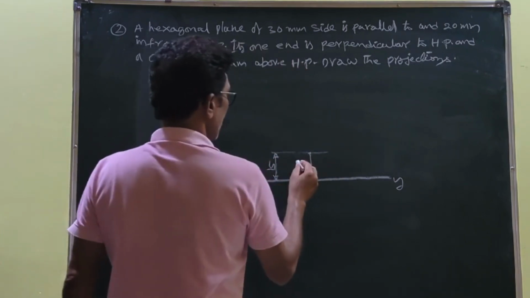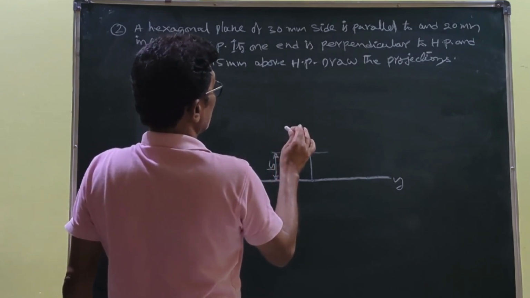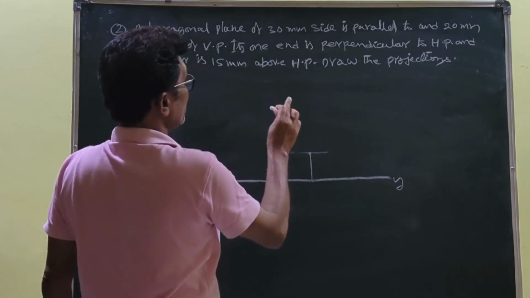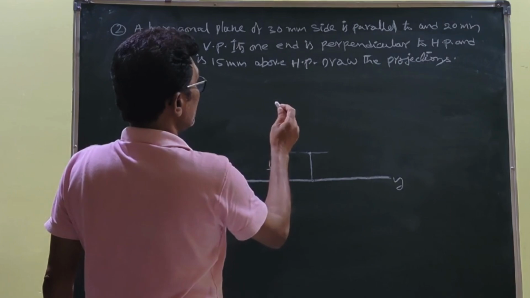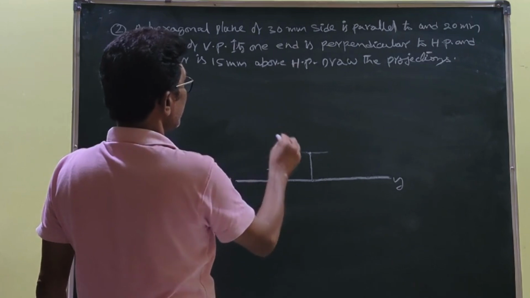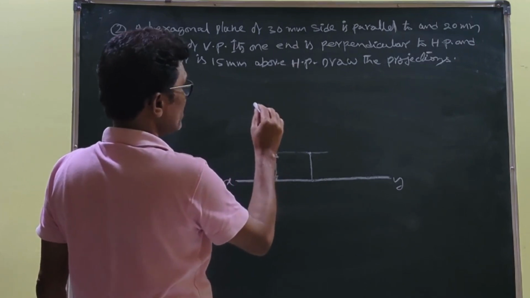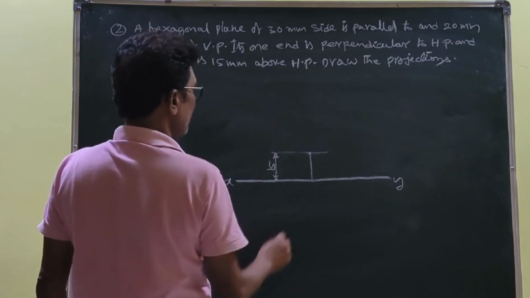Okay, here is how to construct the hexagonal plane. Its side is 30, 15 mm above HP, 20 mm in front of the VP, it is parallel to VP, and one side of the hexagon is perpendicular to HP.